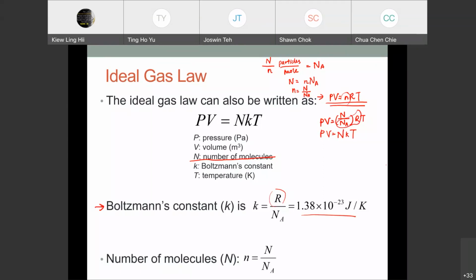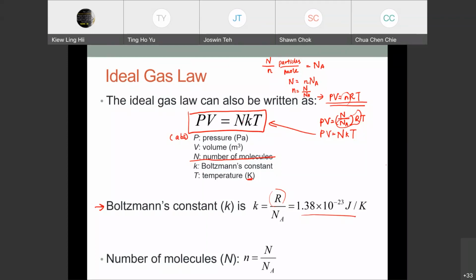So here I develop another equation for the ideal gas law. P is still the same, the absolute pressure, V is volume, N now is the number of molecules, k, small k, is the Boltzmann constant, 1.38 times 10 to the power of negative 23 joule per Kelvin, and T is the temperature in Kelvin. This is another ideal gas equation that you can use.